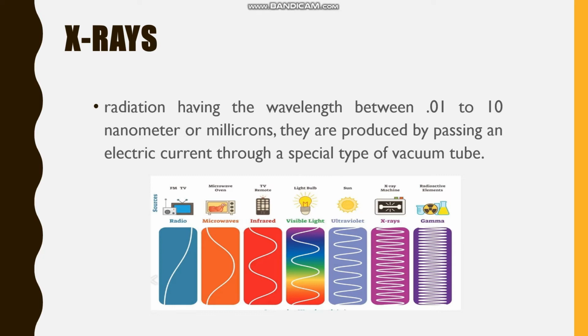Again, si X-ray po, meron niyang small wavelength, meaning to say, the shorter the wavelength, it is associated with the higher energy levels na na-emit din nila. Kaya naman, too much exposure sa X-rays is delikado din sa tao.